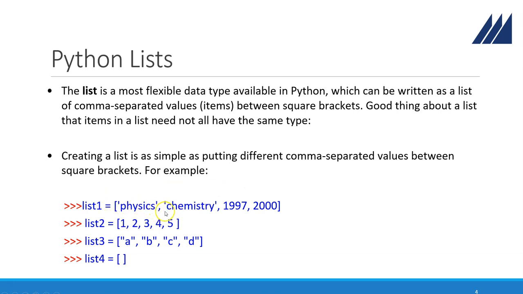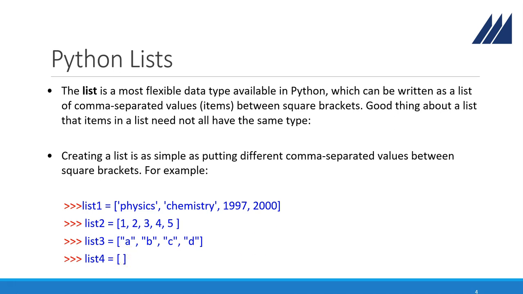Python is flexible. So you can have, in this example, strings mixed with numbers. You can have all numbers, you can have all strings. And if you want to create a list and you want this list to be empty, then you can populate it later. You can create the variable list4 in this example equal to empty square brackets. So Python is going to create a list, but it's going to have no items.